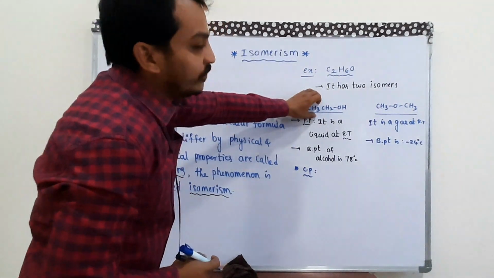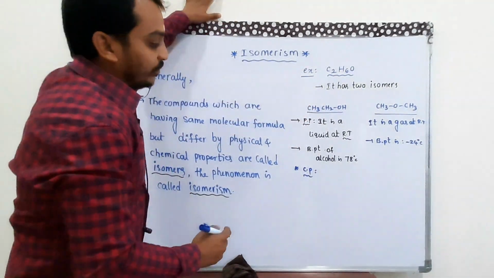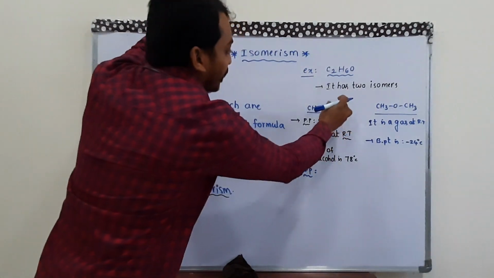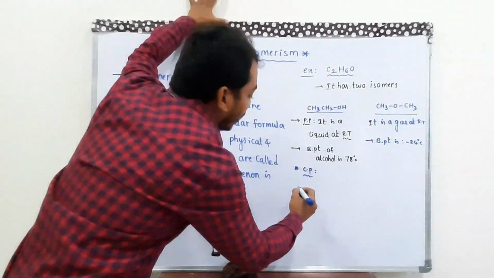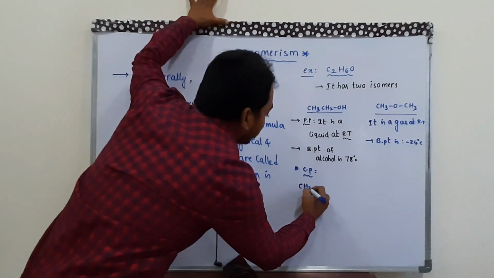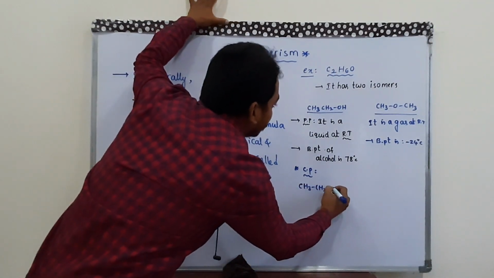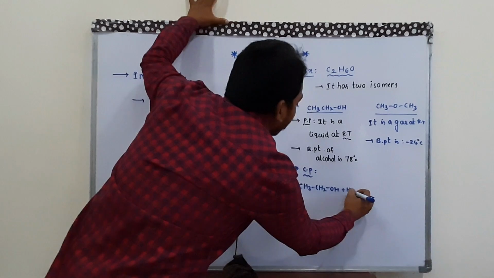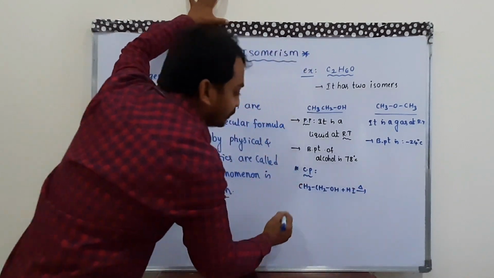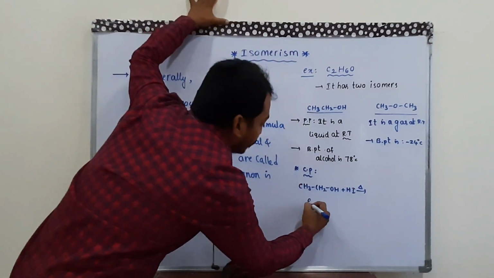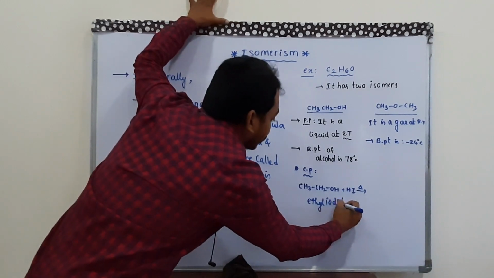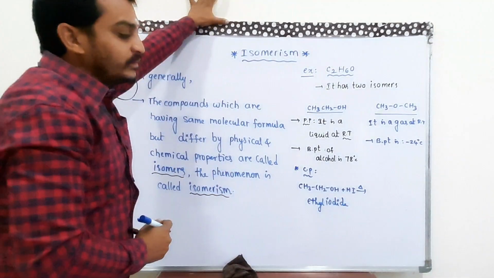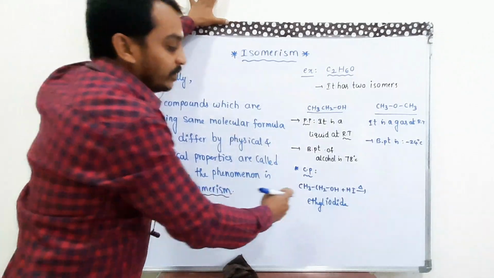For example, the reaction with HI. When the alcohol CH3CH2OH reacts with HI in the presence of heat, it is converted into ethyl iodide plus water.